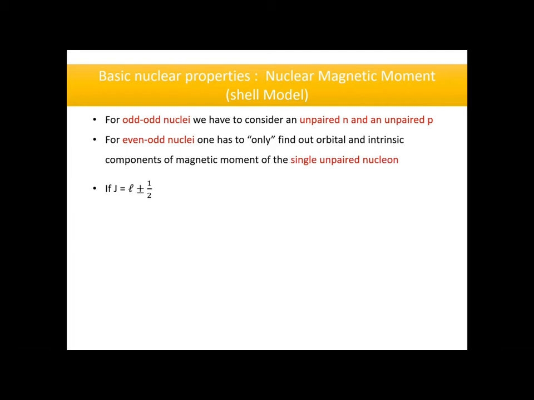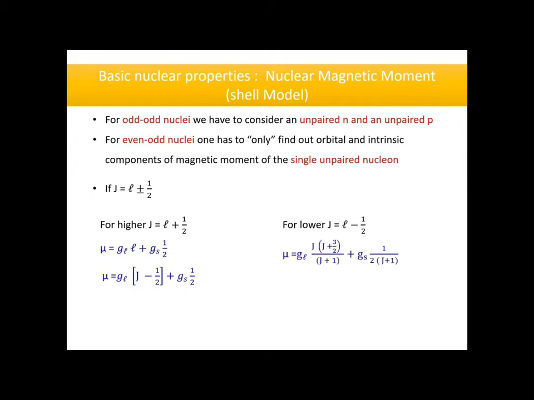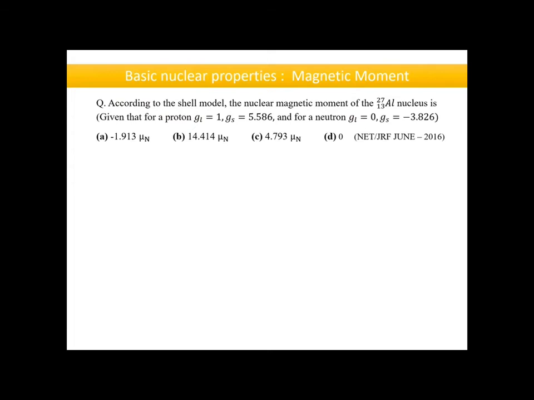So in nuclear physics, the higher J value lies below the lower J value. So for higher J, that is J equal to L plus half, the magnetic moment is given as this, and for the lower J value, that is J equal to L minus half, the magnetic moment can be written as this.